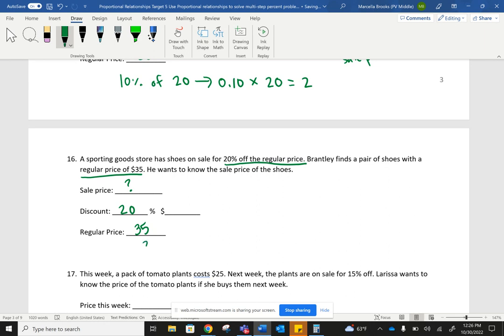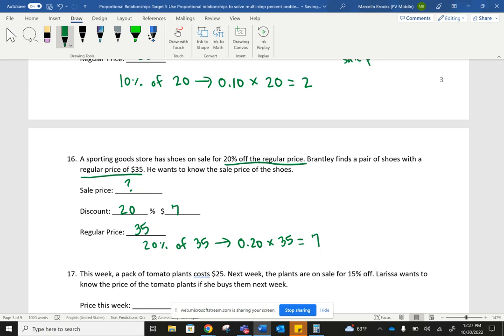So again, like I said, we're going to be doing 20% of 35. That becomes 0.20 times 35. If we type that in our calculators, that gives us 7. So 20% of 35 is $7.